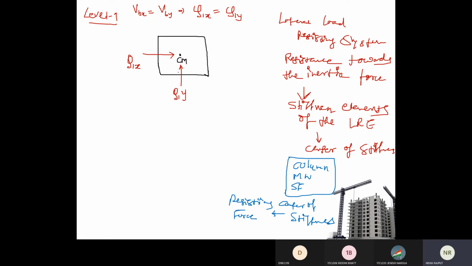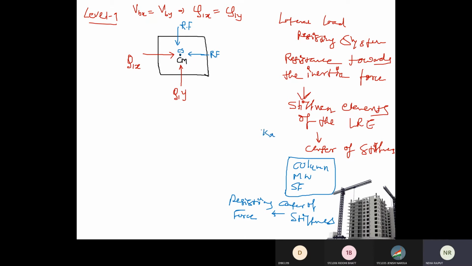Right, so the center of mass gives the inertia force, and the center of stiffness will give the resisting force. Suppose this is the center of stiffness point; it will provide the resisting force. I am giving the short name of resisting force in this direction and in this direction also, because your column element stiffness will be in the x direction also.